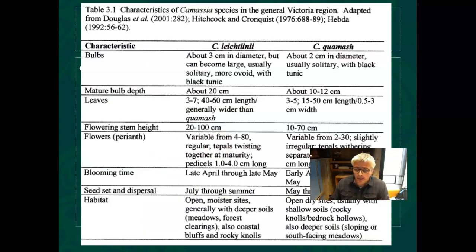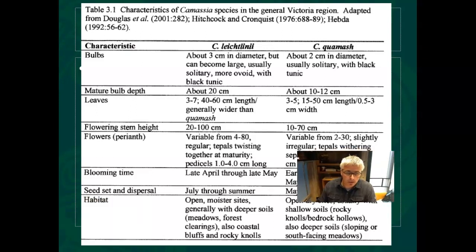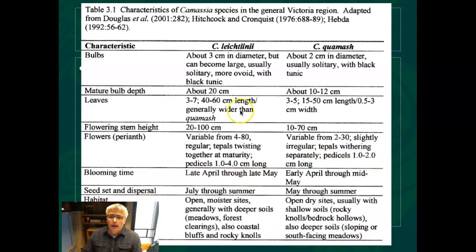And this talks about the differences between the 2 species. Leichtlinii, the giant camas, is a larger bulb than Quamash, the common camas. Bulb depth, again, tends to be deeper compared to Quamash.